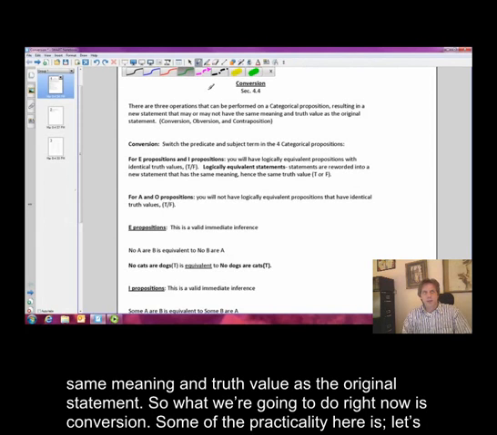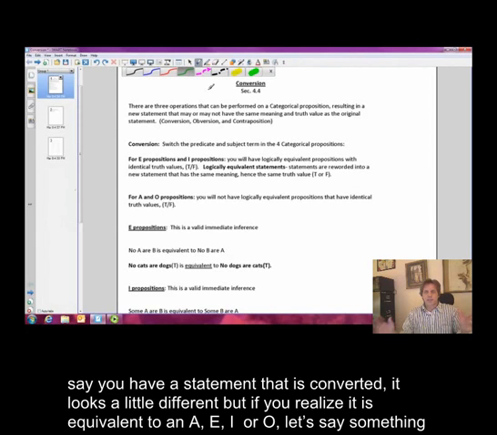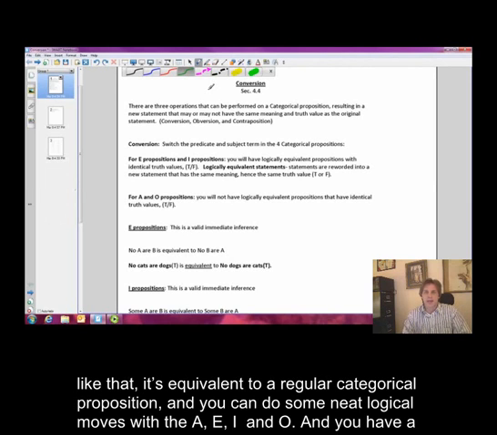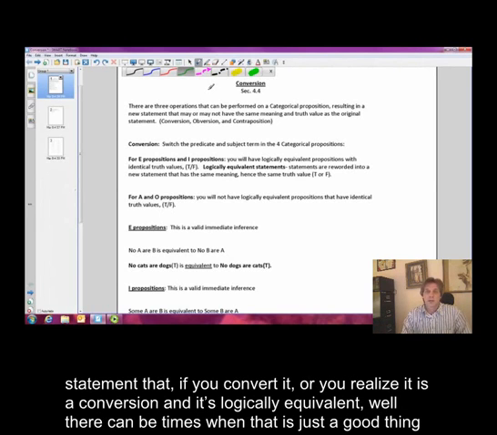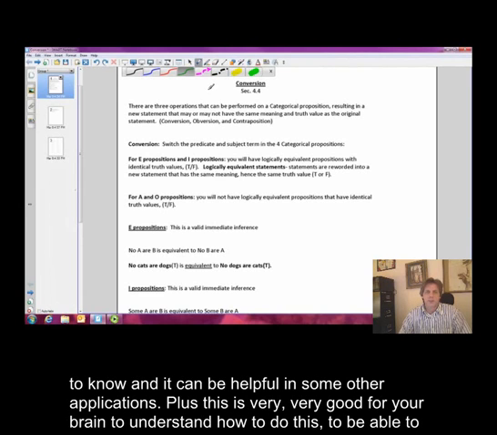Some of the practicality here is, let's say you have a statement that's converted. It looks a little different, but if you realize it is equivalent to a regular categorical proposition, you can do some neat logical moves with the A, E, I, and O. If you realize a statement is a conversion and it's logically equivalent, there can be times when that is just a good thing to know, and it can be helpful in some other applications.